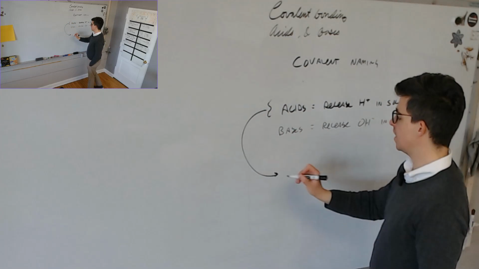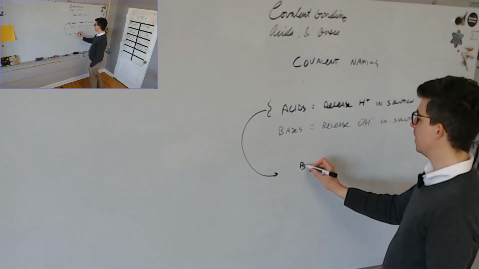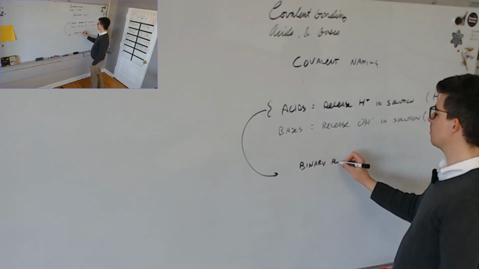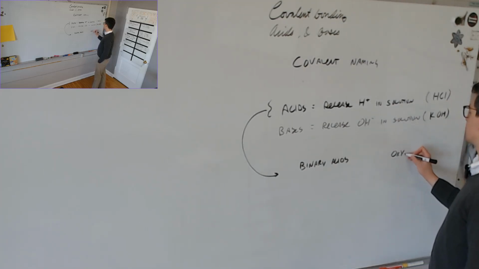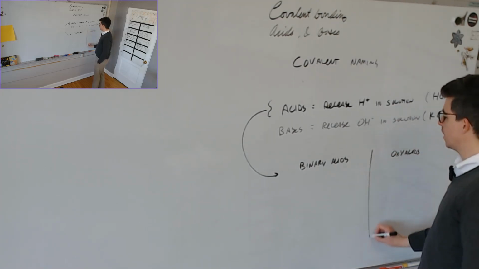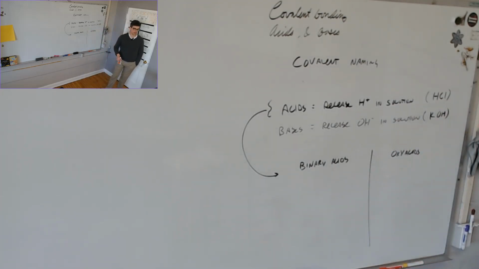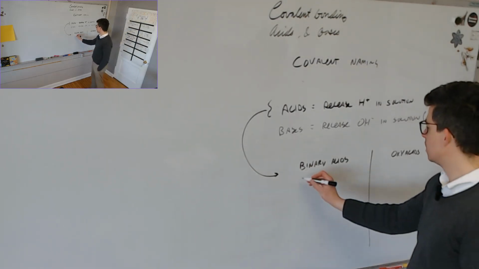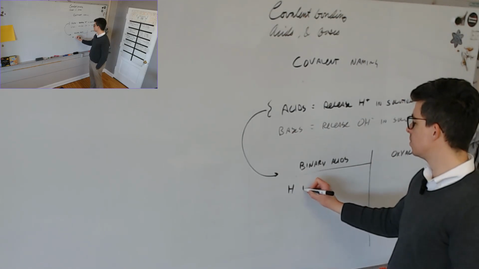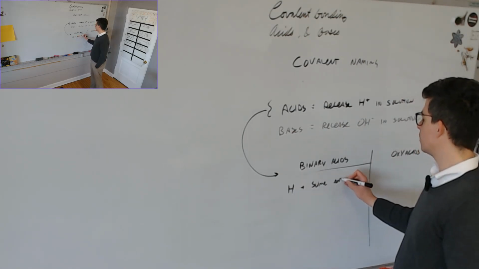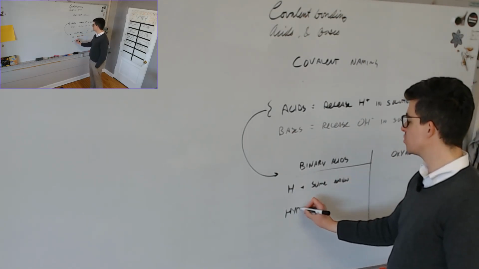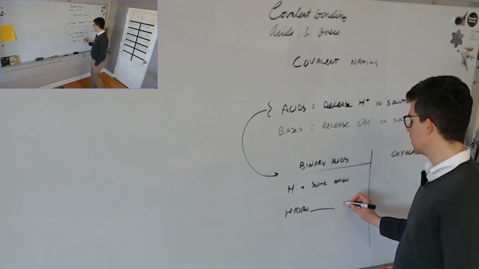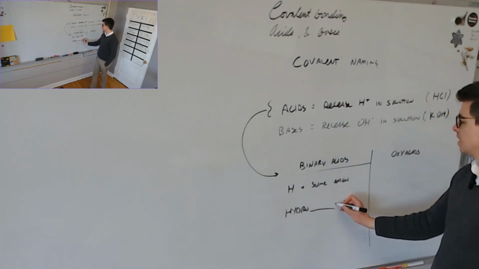There are two kinds of acids that we worry about naming. There are binary acids and oxyacids. Binary acids, what's the word binary mean? Relating to two. Yeah. Binary acids only have hydrogen and some other element. Hydrogen plus some anion. And we usually name these as hydro-something-ic acid.